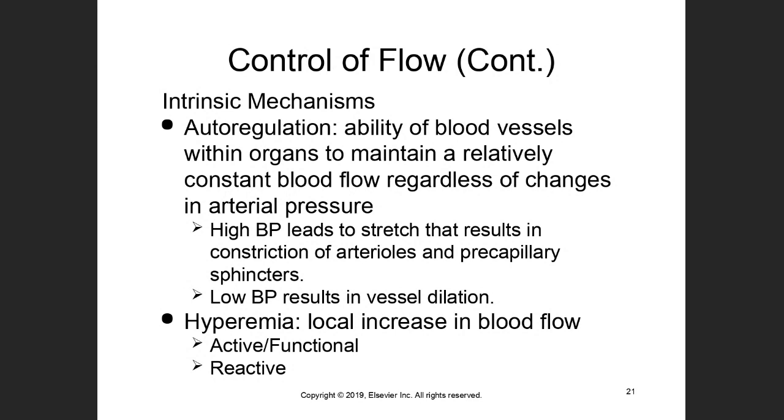High blood pressure leads to a stretch that results in constriction of arterioles and precapillary sphincters. Low blood pressure results in vasodilation, okay, to facilitate blood flow. Okay? That's also our mechanism of defense in our body, okay? Hyperemia, local increase in blood flow, activated functional and reactive.